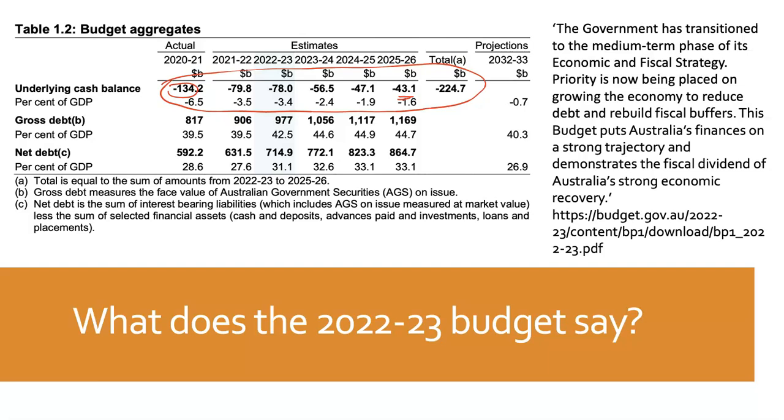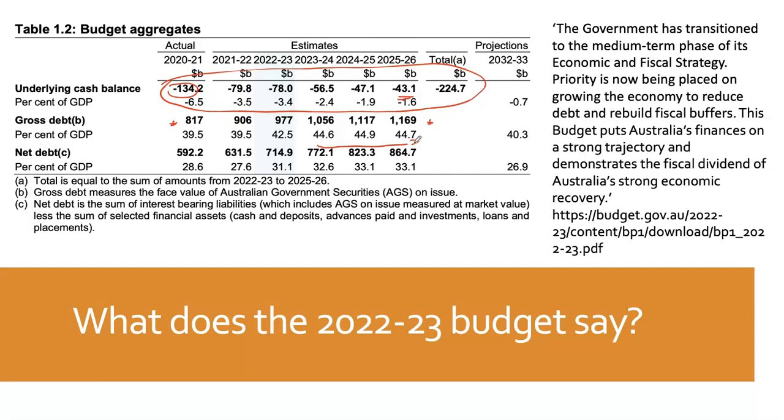But you can see that this is meaning that our gross debt is going to increase from $817 billion to $1.16 trillion over the course of this time. You might notice, however, that it is really slowing as a percentage of GDP from 2023 to 2026, as theoretically, even though net debt is going up, the GDP should grow as well.